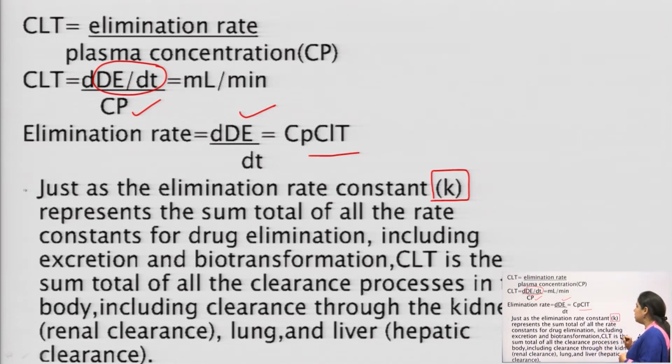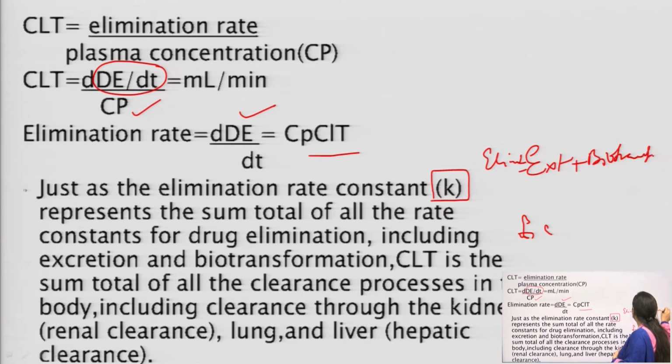So, CLT is the sum total of all the clearance processes in the body, including clearance through the kidney, lung and liver. Just in case, the rate constant is a sum of your total body drug elimination constants, like the excretion constant and biotransformation.